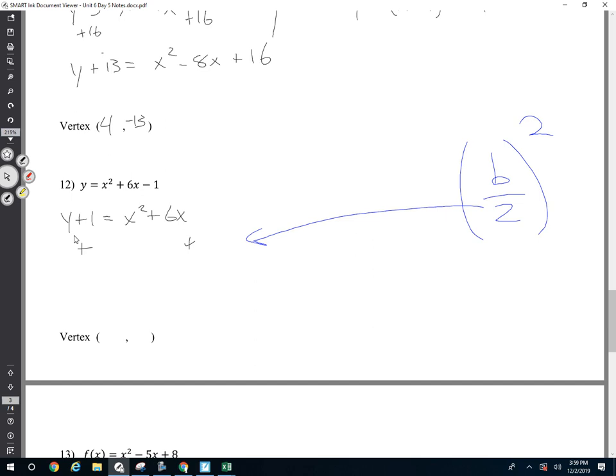That's beautiful. What's the number that we add to both sides, Ms. Villamore? Right here. Which number do I add to both sides? 9. 6 divided by 2 squared. Add 9. You get y plus 10 equals x squared plus 6x plus 9.